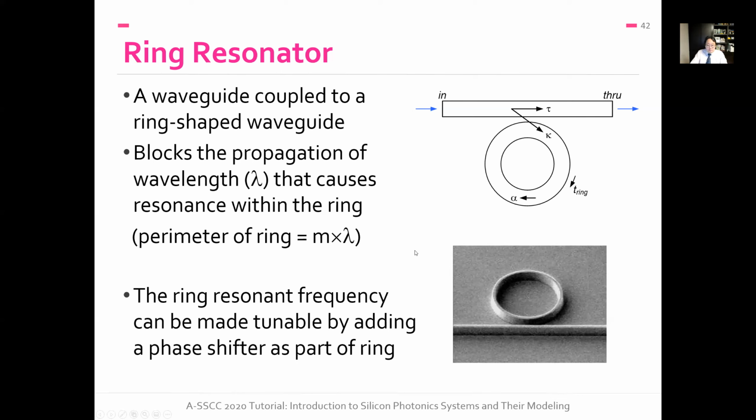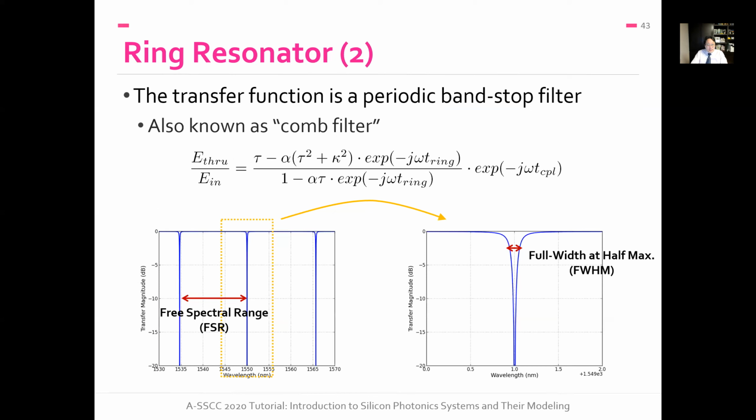And of course, you can make this resonant condition tunable by changing the delay around this ring, for example, using a phase shifter. The transfer function from the input port to the output port of the resonator is a band stop filter because it blocks the propagation of light only for a certain wavelength.